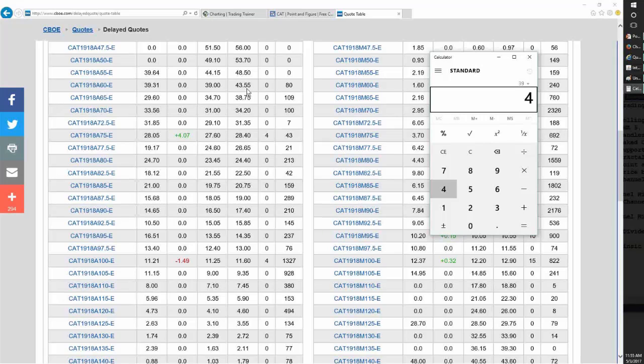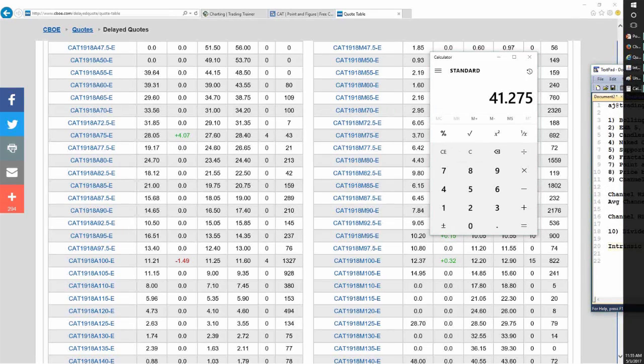$39 plus $43.55 divided by 2. So about $41.30. If I was to put a limit order in at $41.30, it would probably get filled for me to buy some of these LEAPS. This is a fraction, by the way. This is about 4/10 of what it would cost to buy the underlying stock.